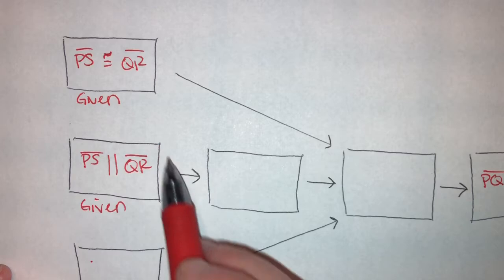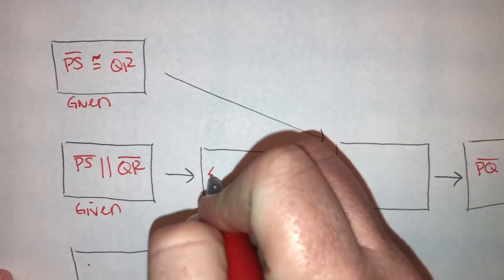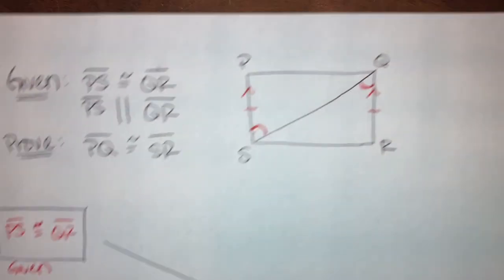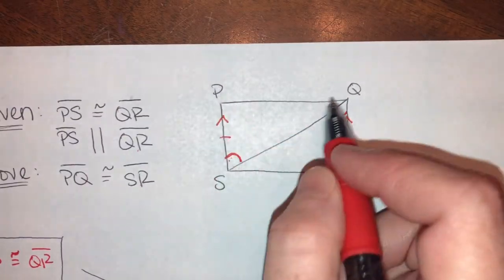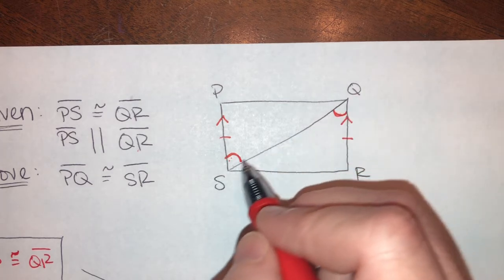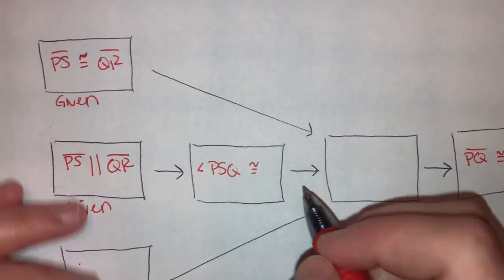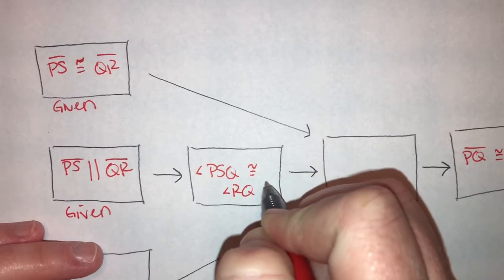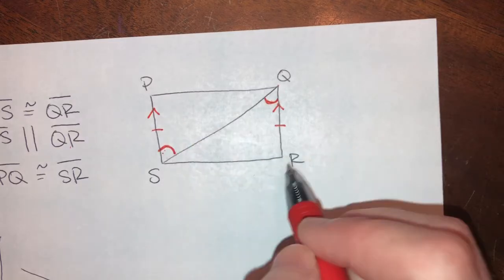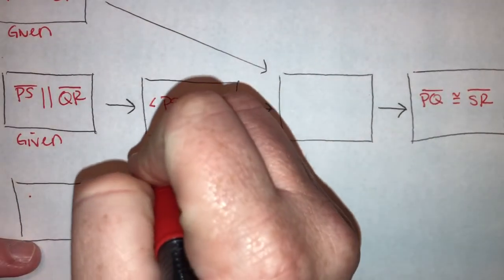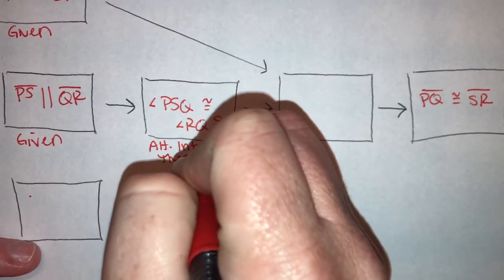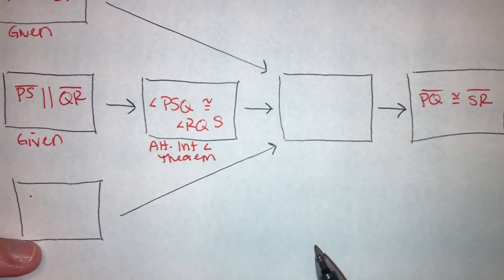So based on this fact, I can then say that angle PSQ is congruent to angle RQS. Why? Because they're alternate interior angles between parallel lines, so the alternate interior angle theorem. The reason always goes below the box.